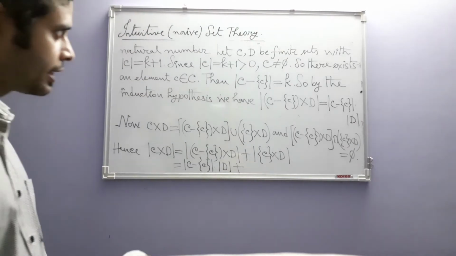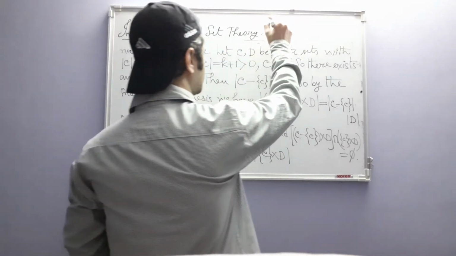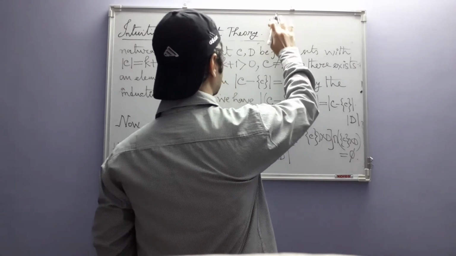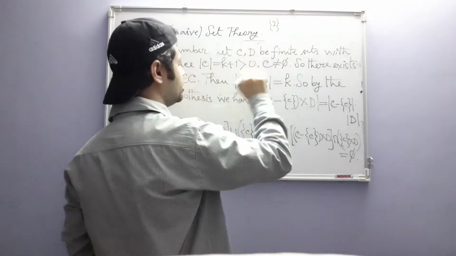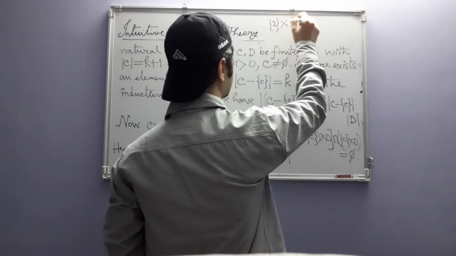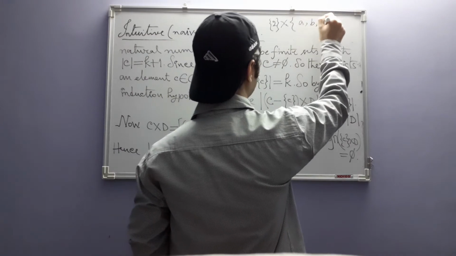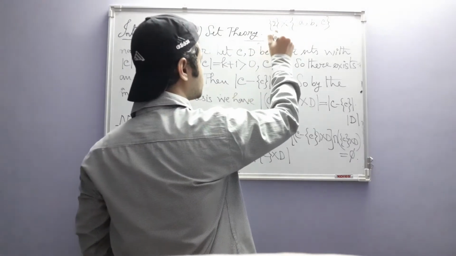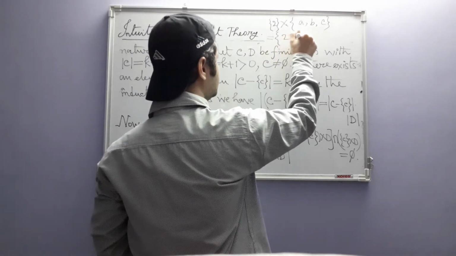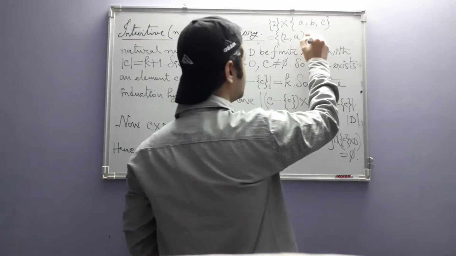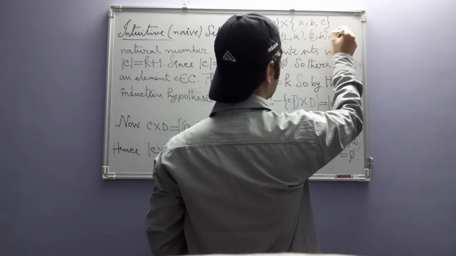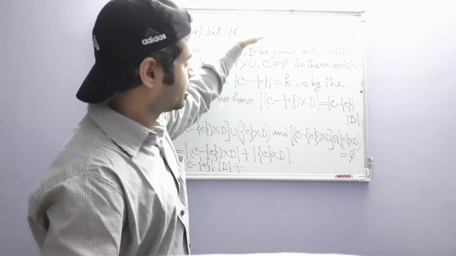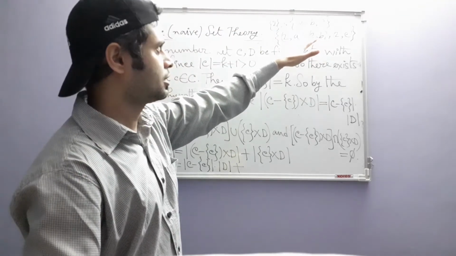Okay, for that again let us take a small example. Since we took 2 there, let us take 2 here also. Suppose I write A, B, C. What is this Cartesian product? Here the first element of each ordered pair is constantly 2: 2 comma A, 2 comma B, 2 comma C. So you see that the number of elements in this Cartesian product is again 3.